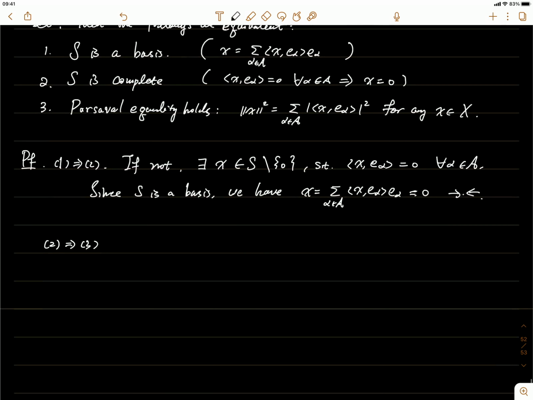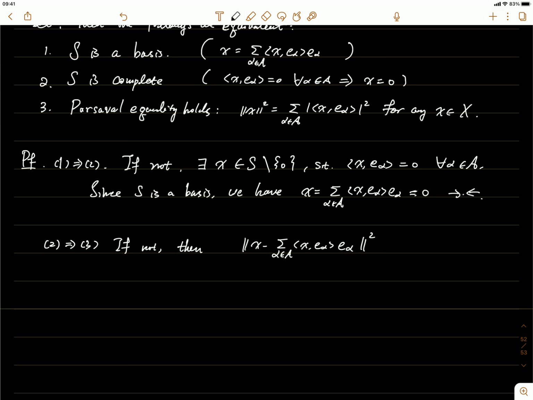From second to the third. Suppose we know that S is complete. We want to show that the Bessel equality holds. If not, then we look at this x minus the sum over alpha of <x, e_alpha> e_alpha.